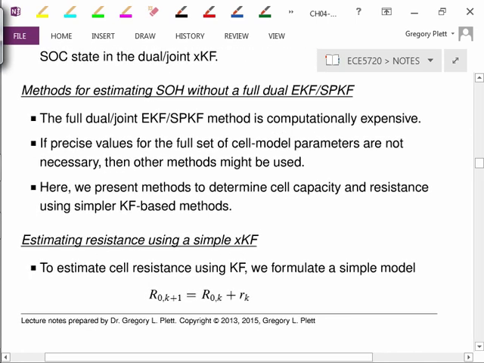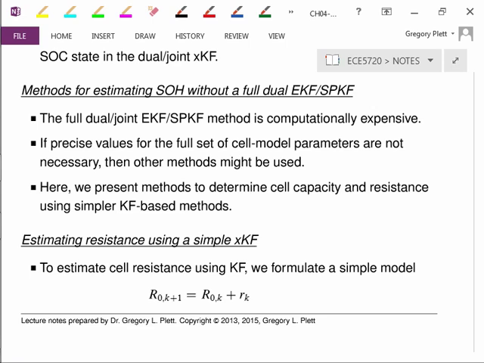What about computational complexity? If I have all of the states and all of the parameters being estimated, we have a fairly complicated algorithm, which requires a lot of floating point operations. We may be able to get away without estimating everything.